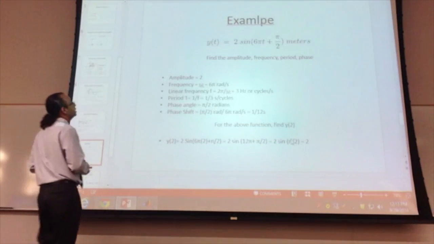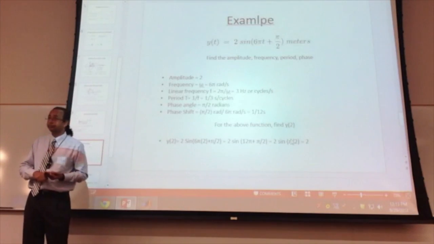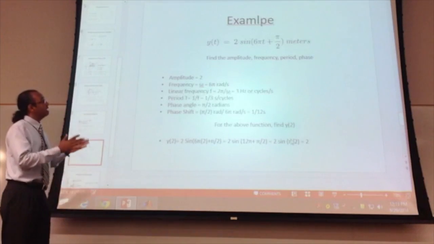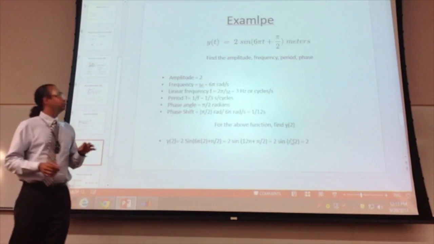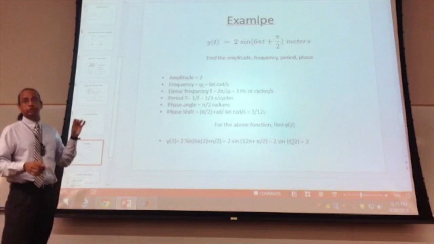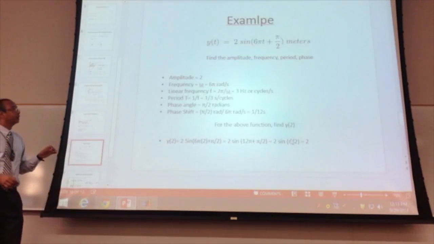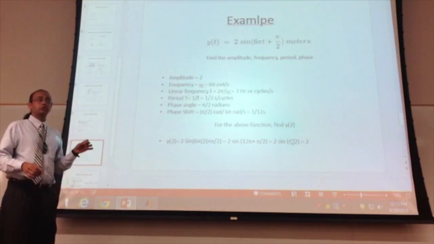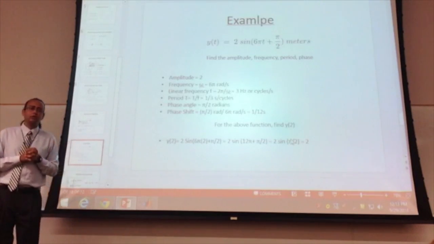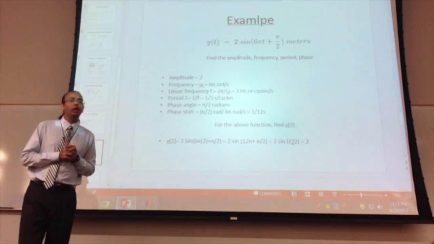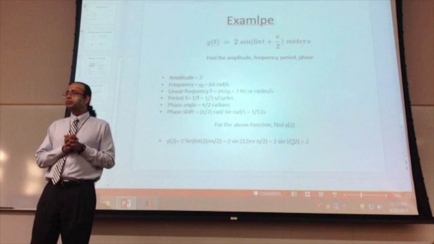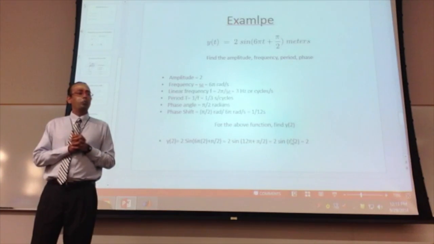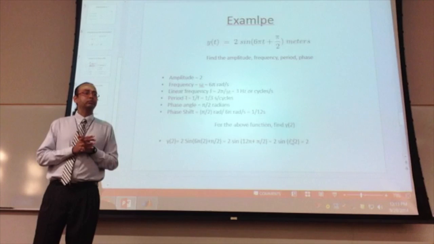Right? So A is 2 meters. Omega t is 6 pi t, so that makes omega equals 6 pi radians per second. So what does that mean to you? If I tell you omega is 6 pi radians per second, what does that convey to you?